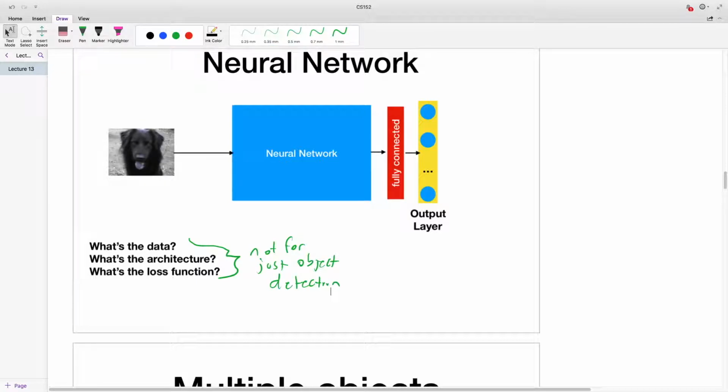These are really questions you want to ask yourself about any deep learning problem you're trying to attack. What's the data, including, of course, labels? What's the architecture? That is, what does the neural net look like, including what are the outputs? And what's the loss function?